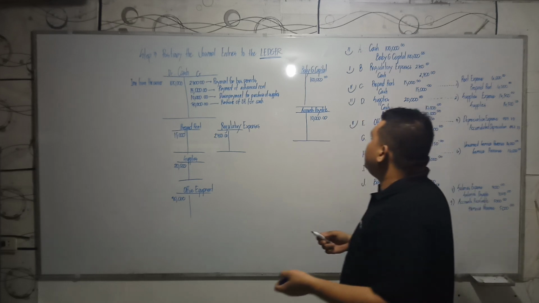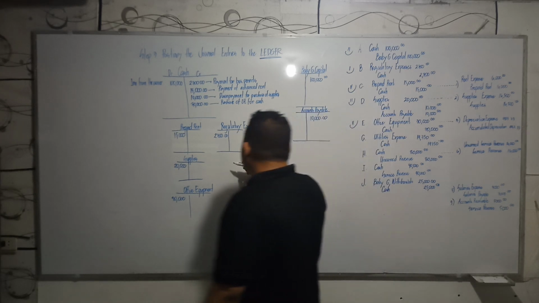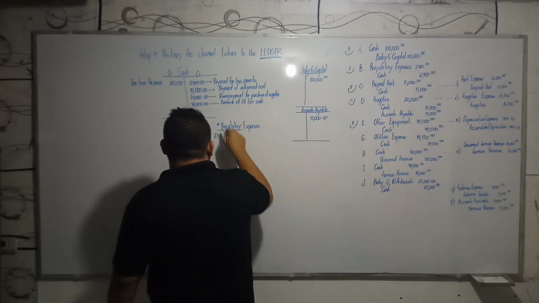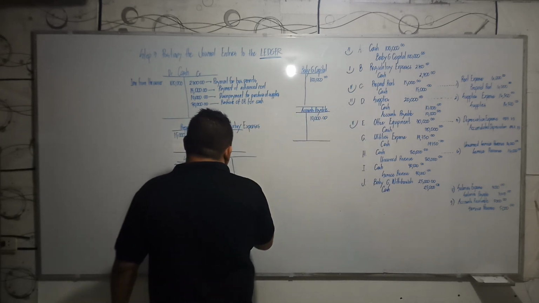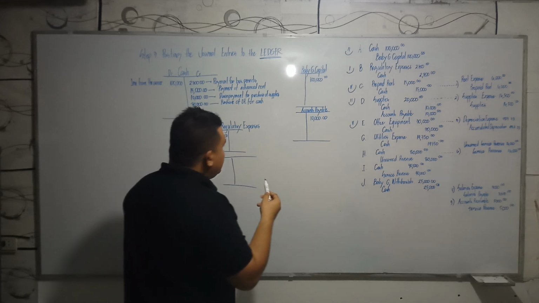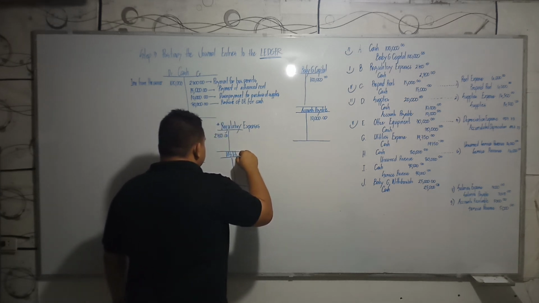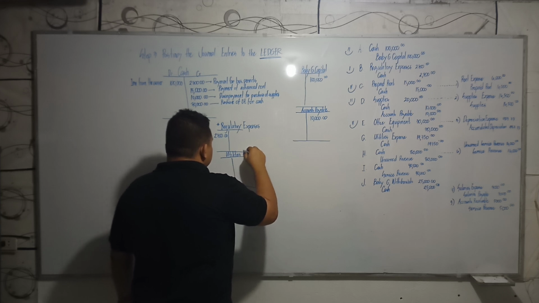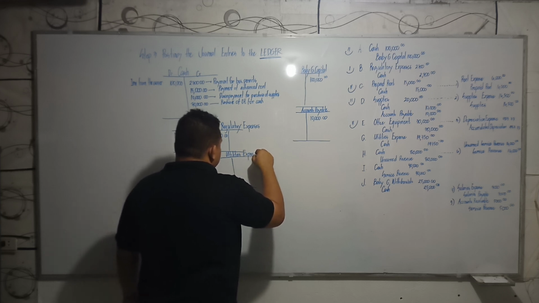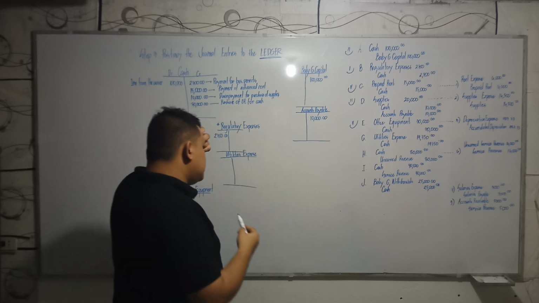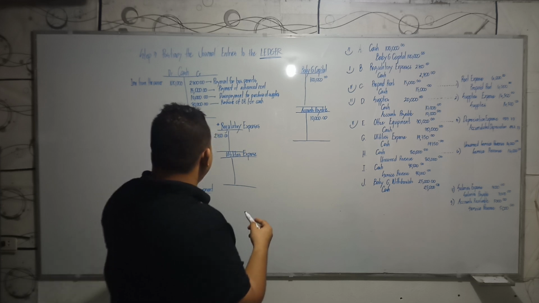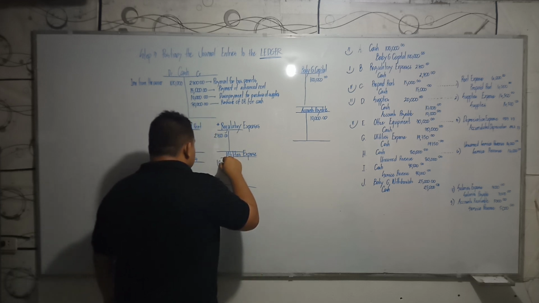And then we have utilities expense. So let's put that right here. I'm going to have an asterisk for expenses. We have utilities expense. So utilities expense, we have 19,750.